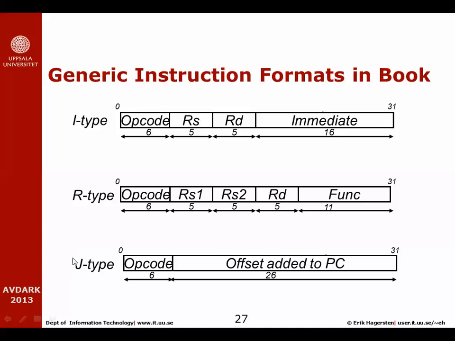And then you have the jump type, and the jump type beyond the opcode has one giant immediate, and this immediate is used as an offset, a constant to be added to the PC. So that's when you do PC relative jumps. These are the only 3 formats in this architecture.